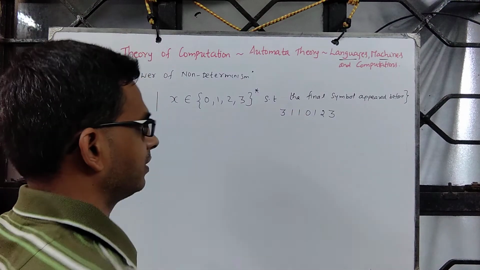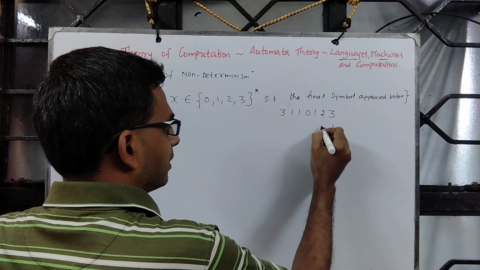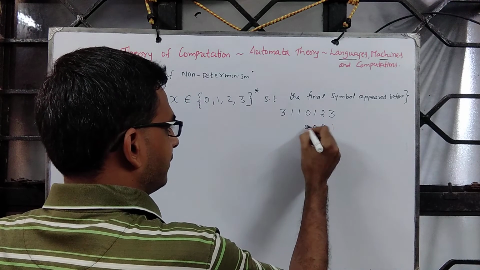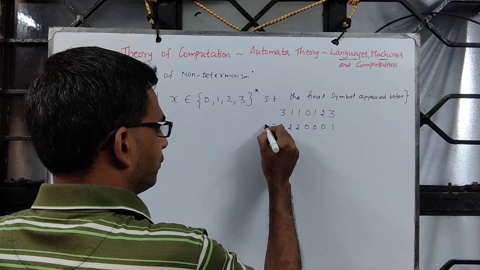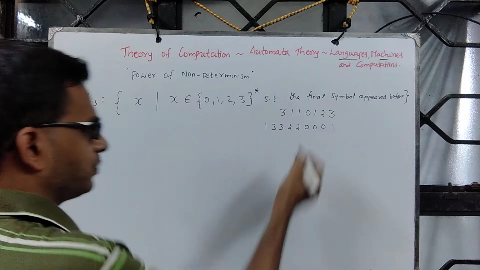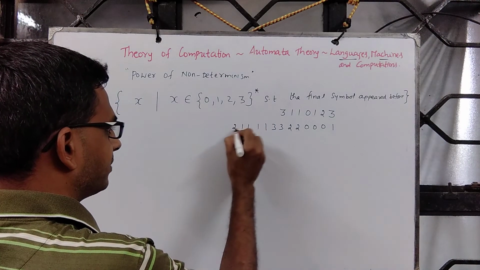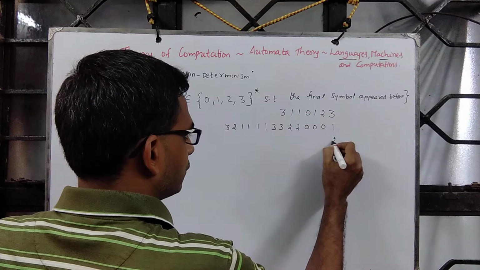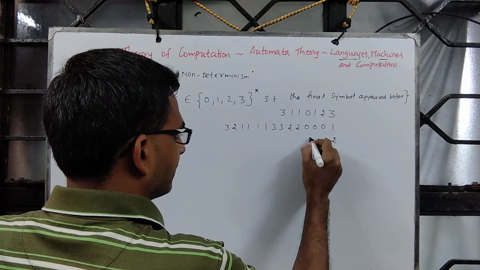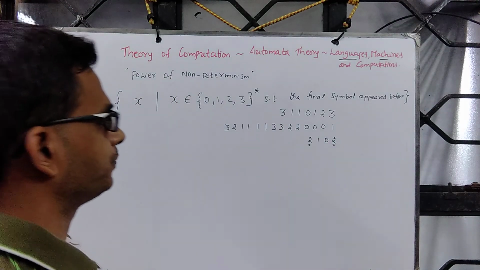This is an example. Suppose the final digit is 1, then somewhere else we should find 1, not just one time, maybe many times, something like this as well. Similarly, if the final digit is 2, somewhere before we should see 2.